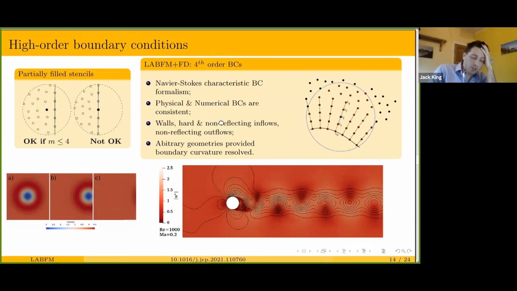We can use this for arbitrary geometries, but the caveat is that we need to resolve the curvature of the geometries. If we have a geometry with some very fine curves in it, then we need a very small resolution.